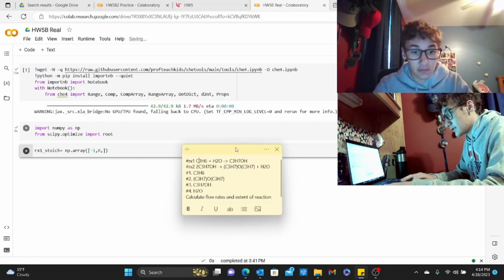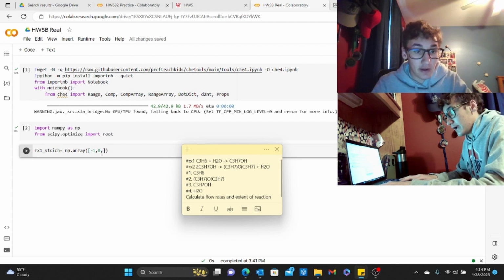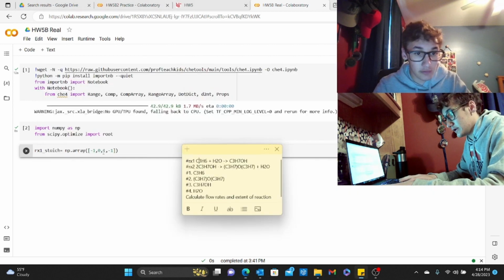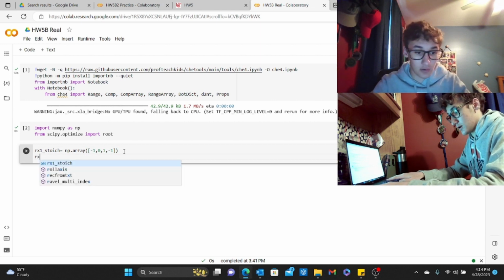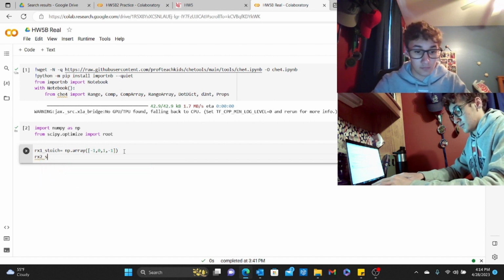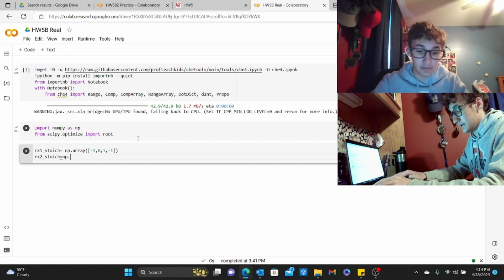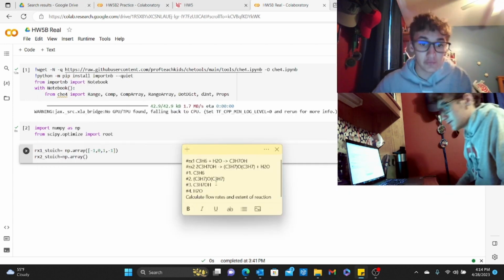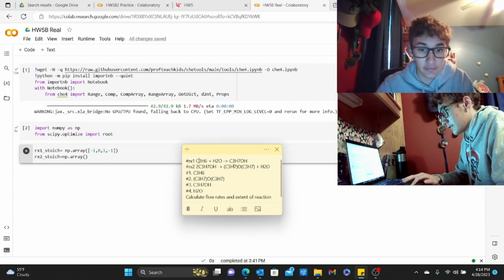After ether is the alcohol, where we create 1 mole, and then 1 mole of the water involved in that reaction. Then the next reaction, rx2_stoich, equals np.array, and we are taking 2 moles of our alcohol to create a mole of the ether.